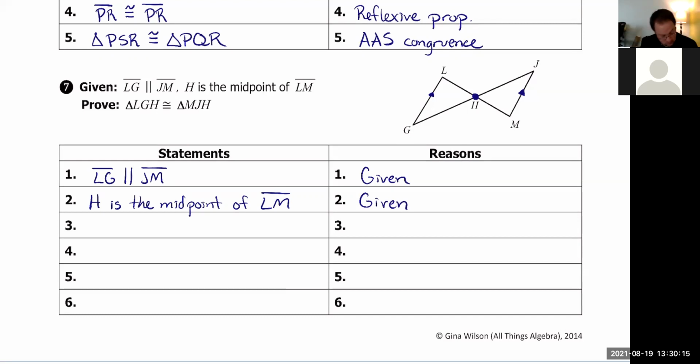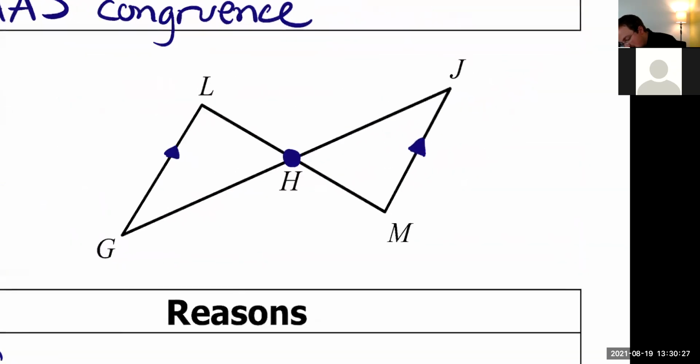So where's your head go to first? Midpoint certainly makes a significant impact here. So I'm going to come over here to the diagram and again, trace it out. H is the midpoint of LM.